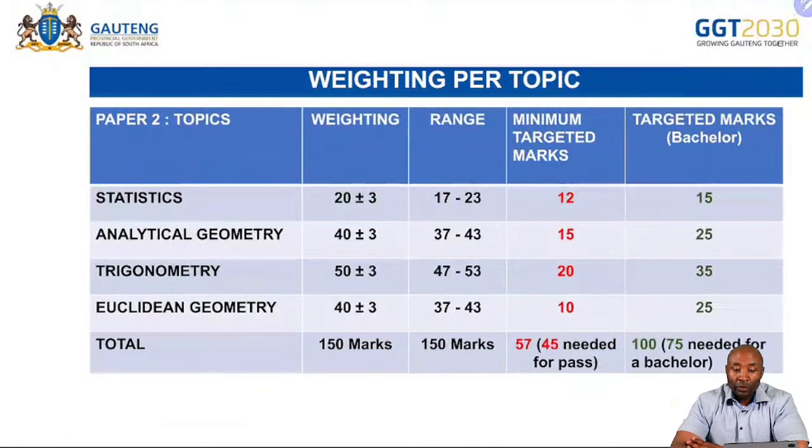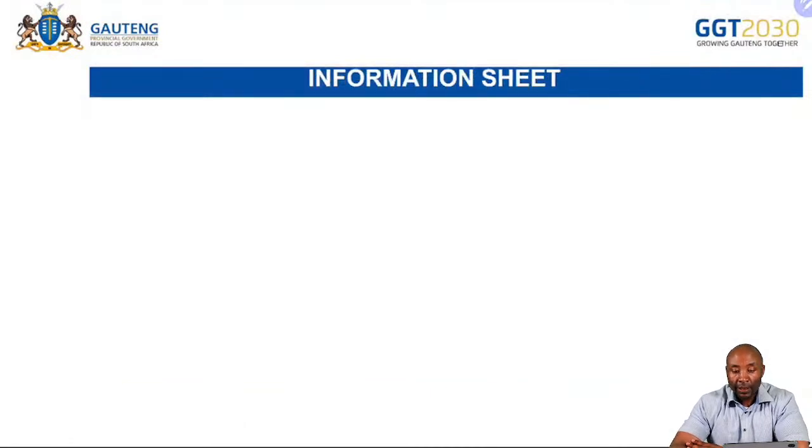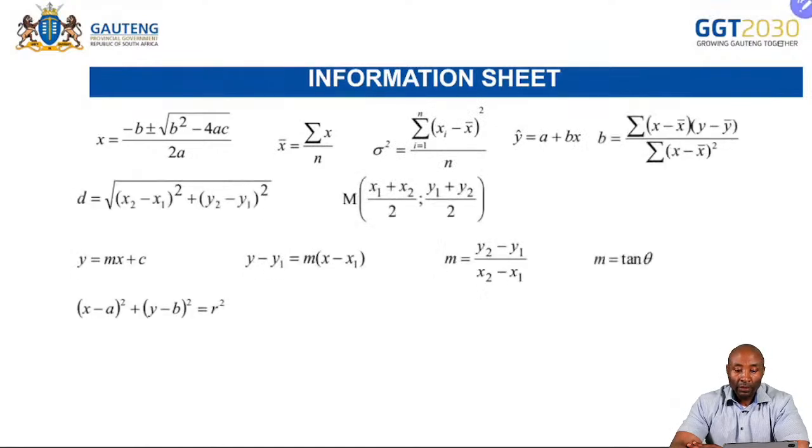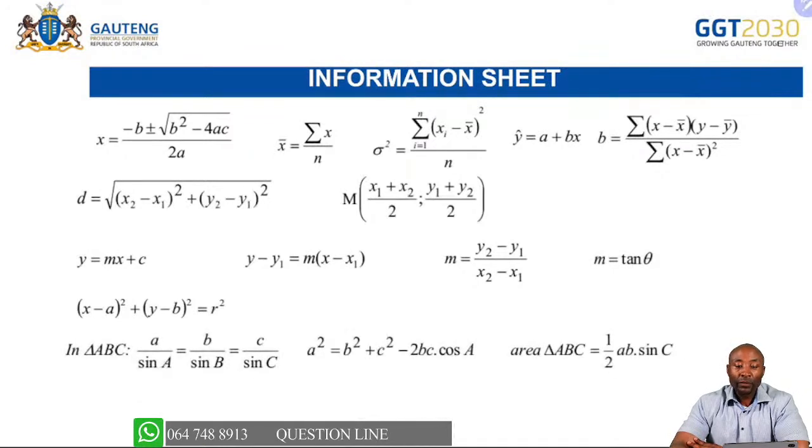Now, as we move along, first of all, I'll look at our information sheet. These are the formulas that we look at whenever we are dealing with our question papers. For paper 2, these are the most important formulas.